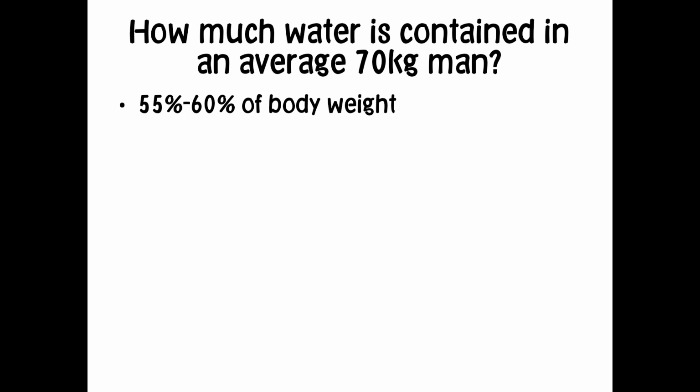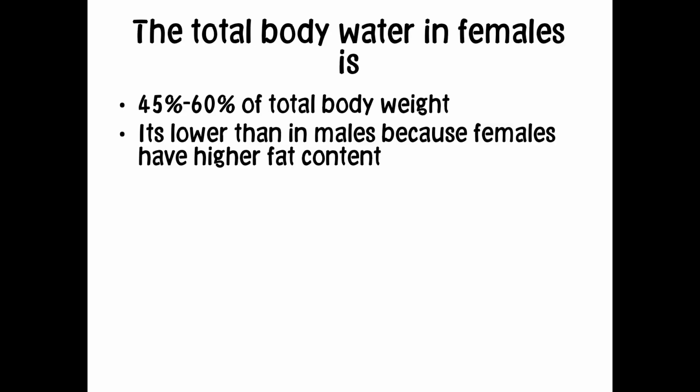An average male who is 70 kg comprises 55 to 60% of body weight as total body water, and a similar female who is 70 kg has 45 to 60% of total body weight as her total body water. It should be noted that females have lower total body water than males because females have a higher fat content than males.